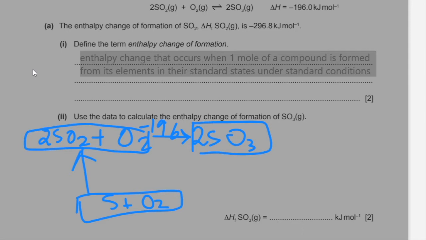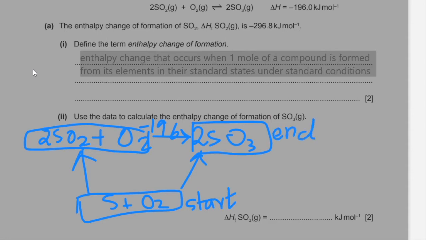So you need to draw the arrows from the elements to their compounds. Since this is a formation, the start of the process is going to be the box which contains elements. So I'll write start over here, and the end is going to be the products.